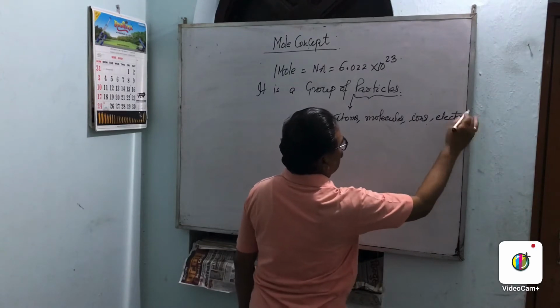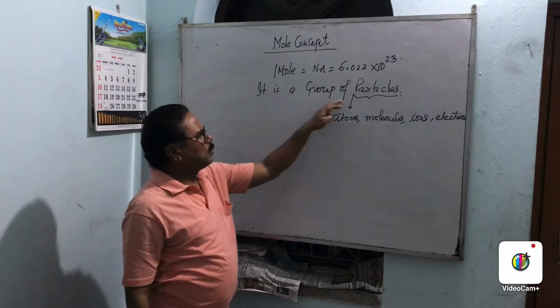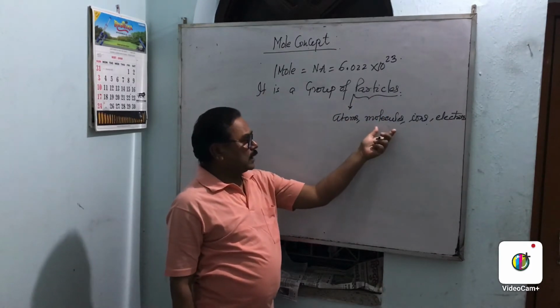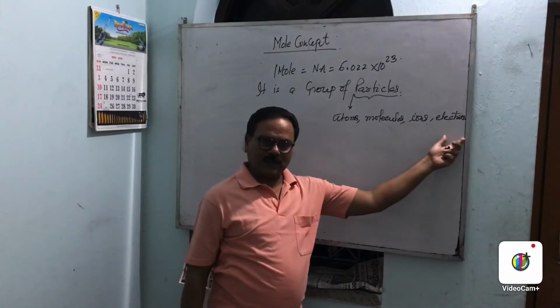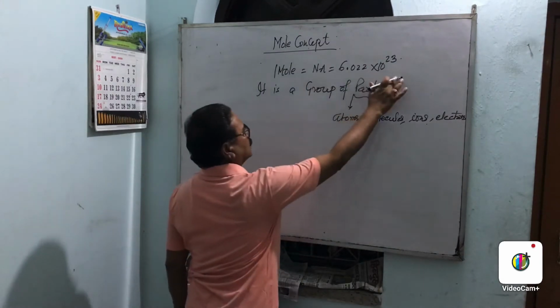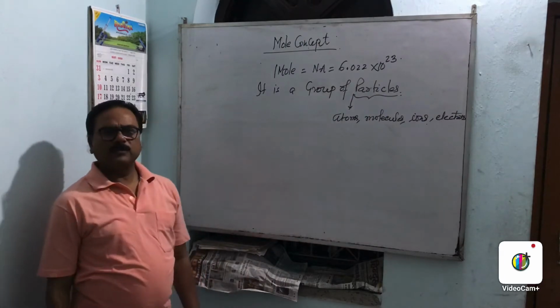So this is a group of particles, and particles include atoms, molecules, ions, and electrons, which is equal to the Avogadro number. This is 6.022 into 10 to the power 23.